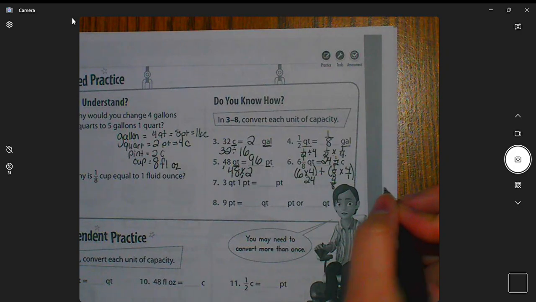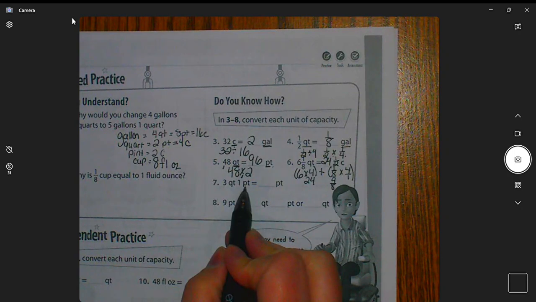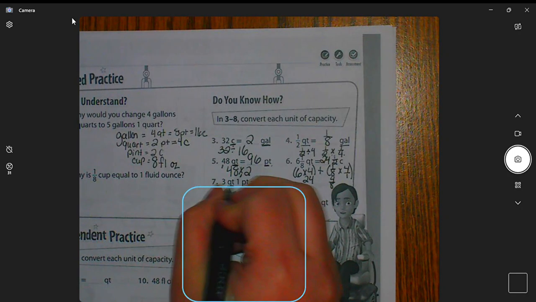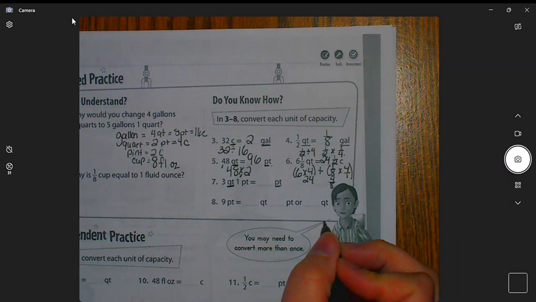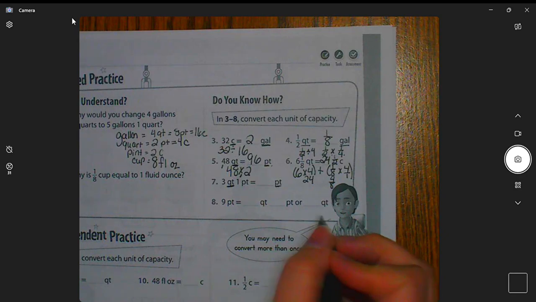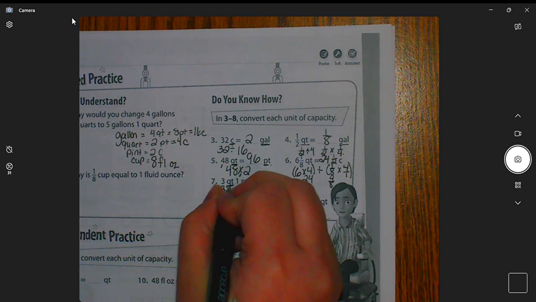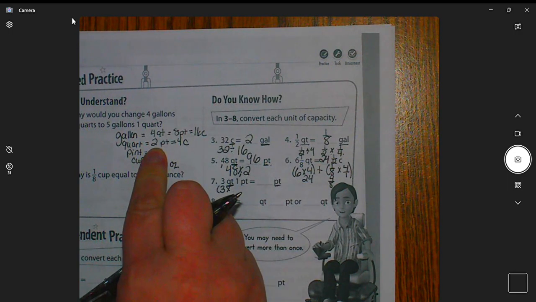Now, number 7 is a different kind of problem. You have a mixed unit to start with, and you always look at your biggest unit in your problem, so from big to little. I'm going to multiply. How many pints does it take to make a quart? Yeah, you're right. It says 2.